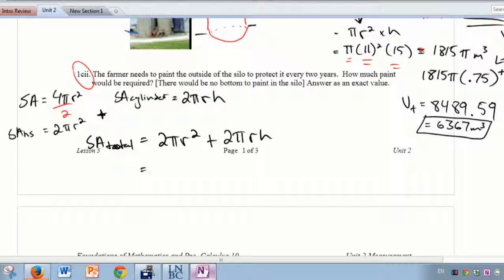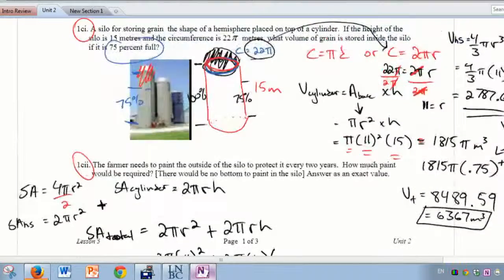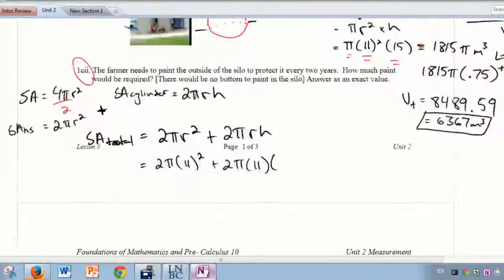And in this case, the radius is 11. So 2 pi times 11 squared, 2 pi times 11. And the height of this was 15 meters. So I'm going to have to plug that in to my calculator. 2 times pi times 121.